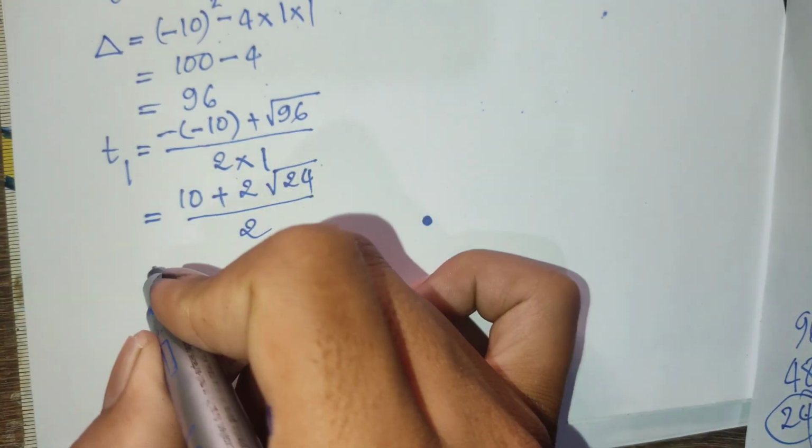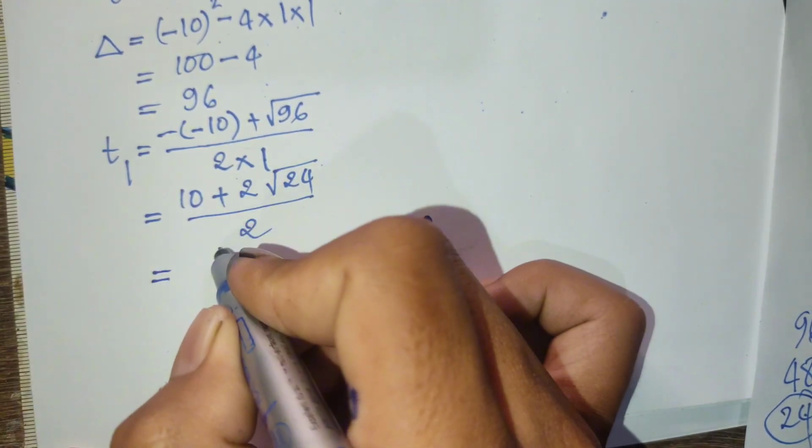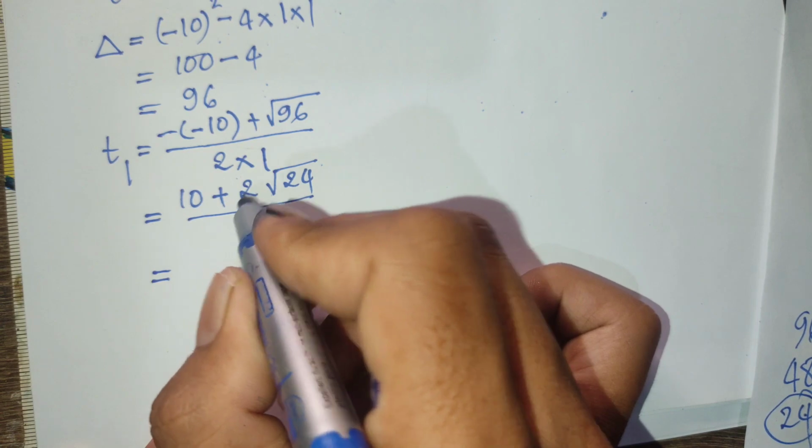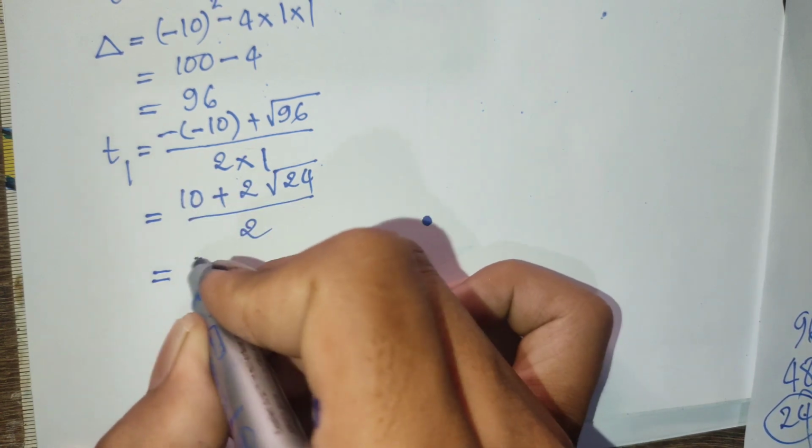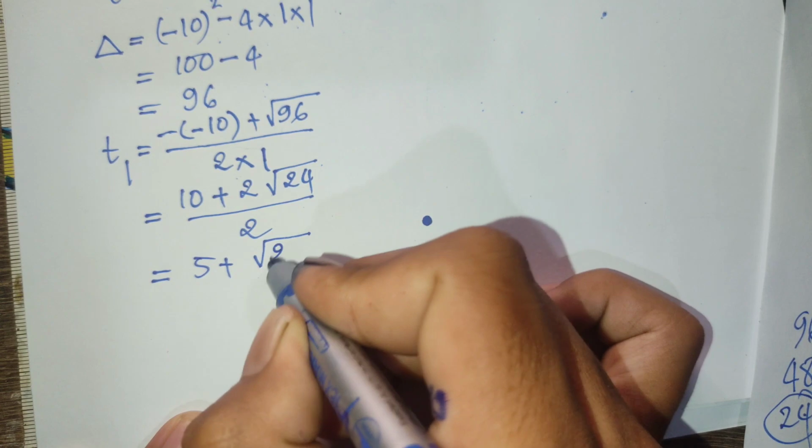We take out factor 2 and divide by 2, and we get 5 plus square root of 24.